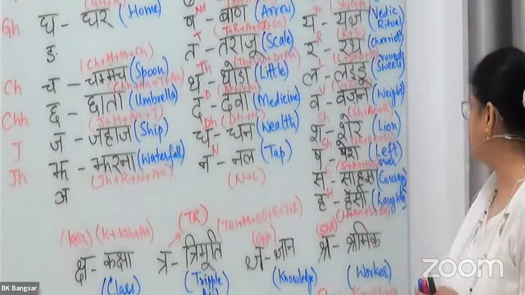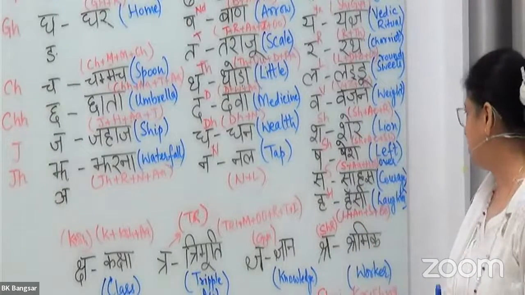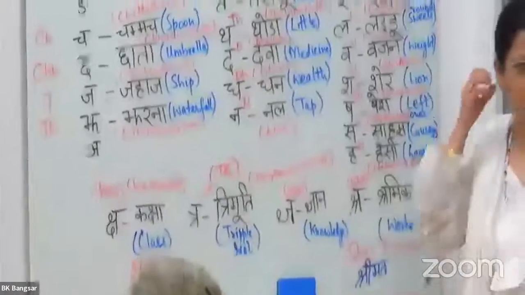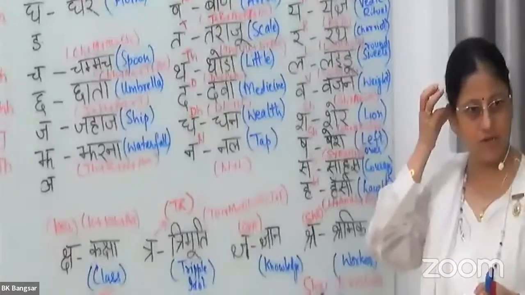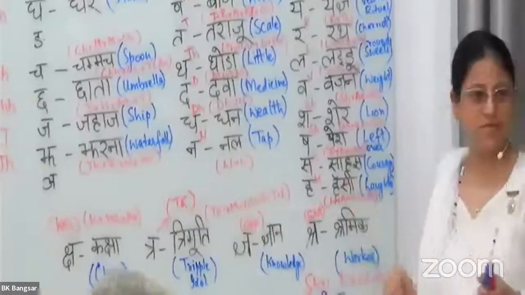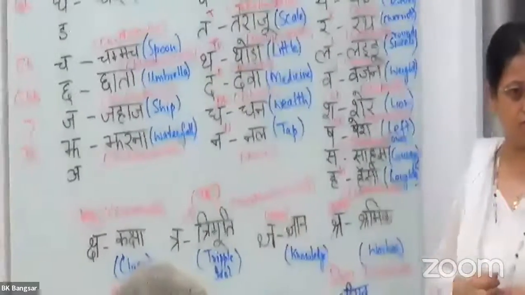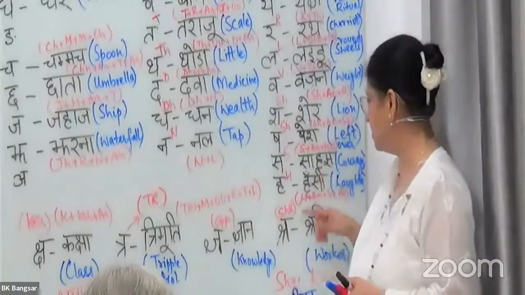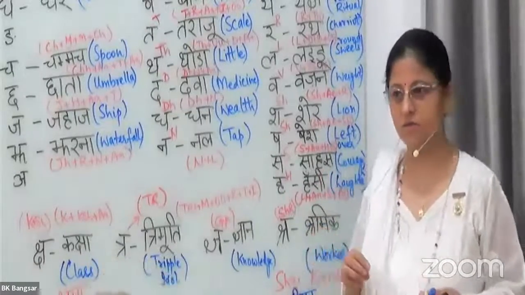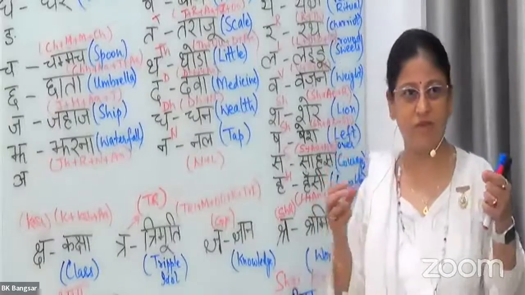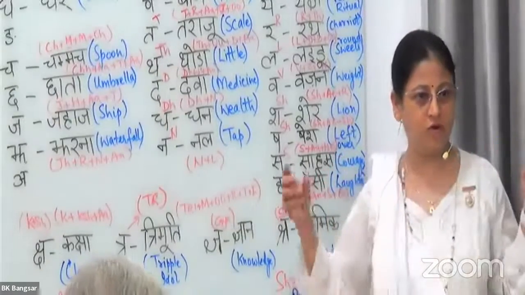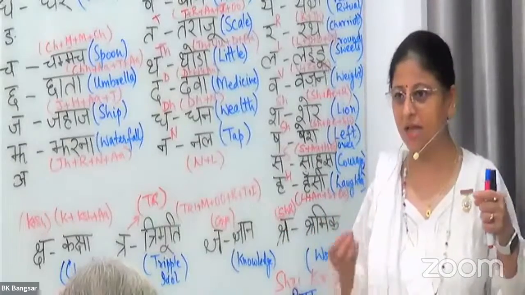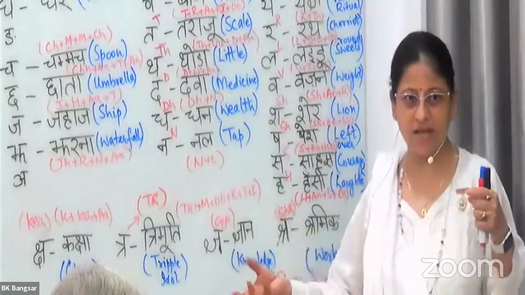Hasi. To laugh. Hasna. Muskurana. That is, smile is muskurana. Hasna is laughing. Laugh. So how you use the word in overall context when you are making sentences, it could be hasna, hasi, hasaya.